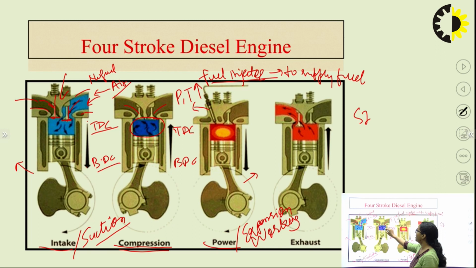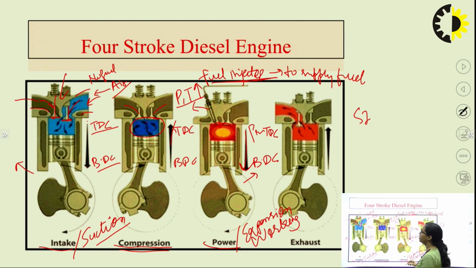Now as pressure and temperature are already very high at the end of compression, this is the time when the fuel injector is used to supply the fuel in fine particles, and as the fuel is supplied, ignition is done or burning starts, and a high impulse is released on the piston, which forces the piston from TDC to BDC.